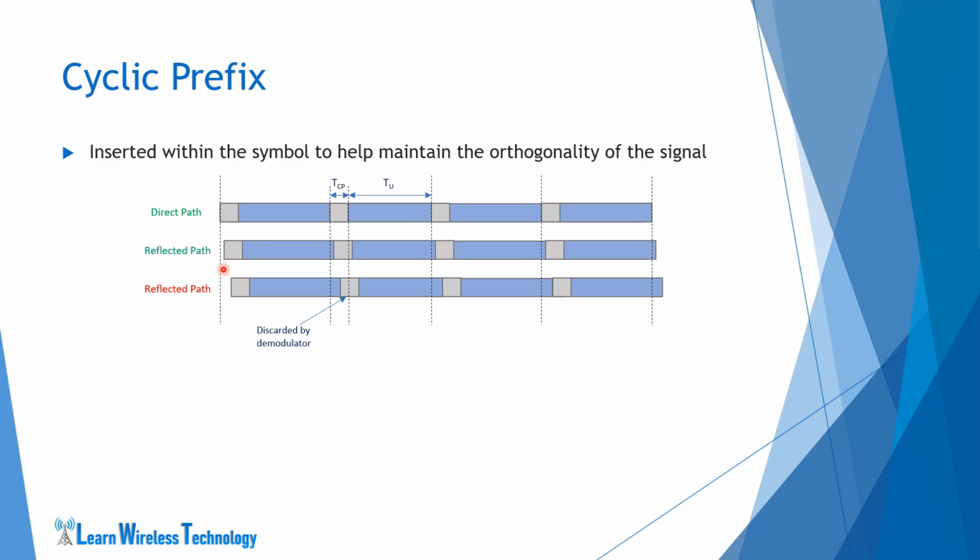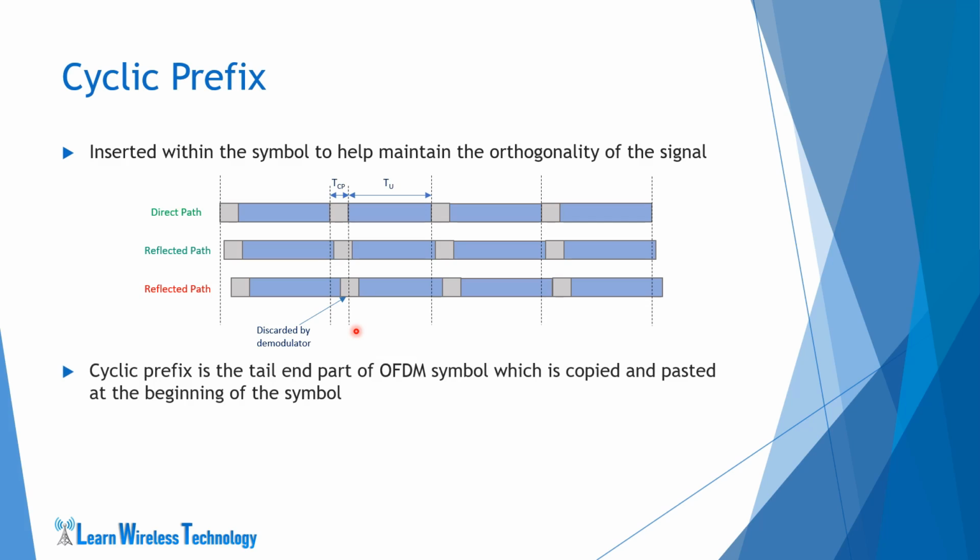The orthogonality between the subcarriers is partially lost since the symbols are received from reflected or delayed paths and they overlap with the adjacent symbols. This issue is addressed by using a cyclic prefix. So a cyclic prefix is nothing but a small portion of the OFDM symbol at the tail end which is copied and pasted at the beginning of the symbol.